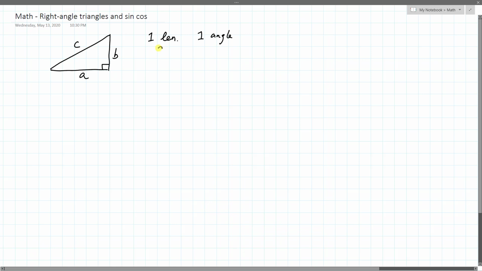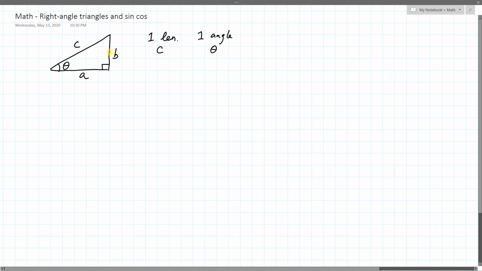We want to be given length C, the hypotenuse, and we want to be given angle theta, which is this angle here. And this has a lot of applications. For example, if C is a vector, and this angle C makes with the horizontal axis that points to the right, then we want to find out C's x component, horizontal component, and C's vertical component.